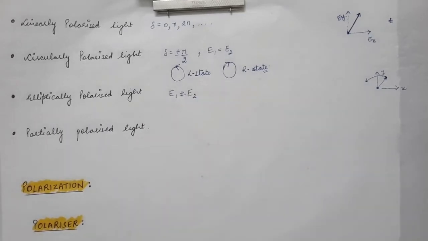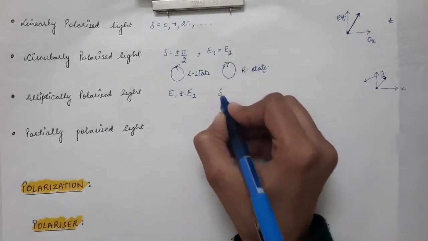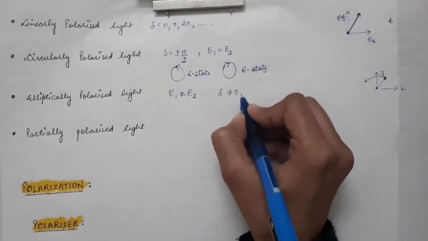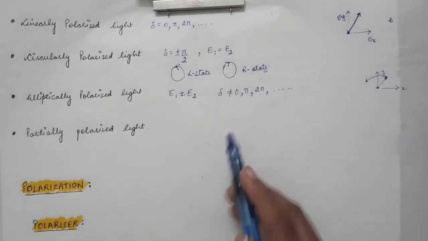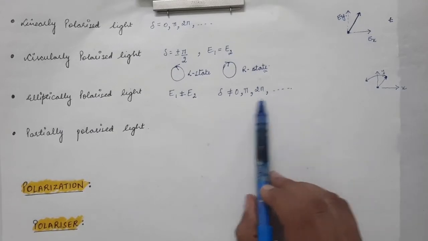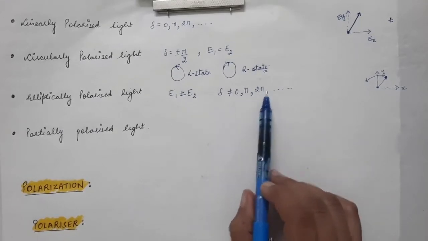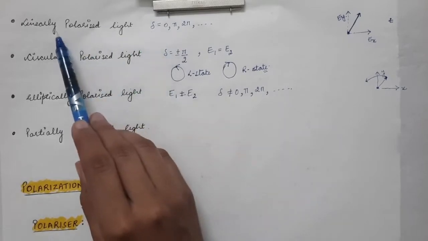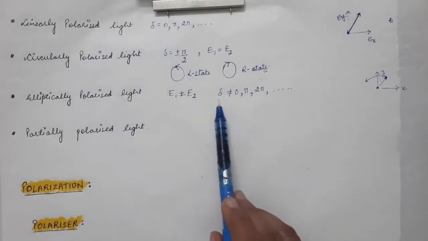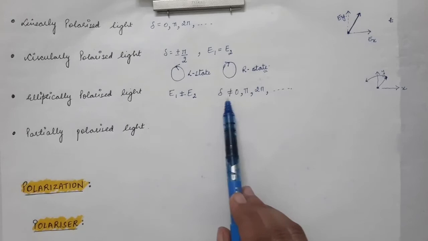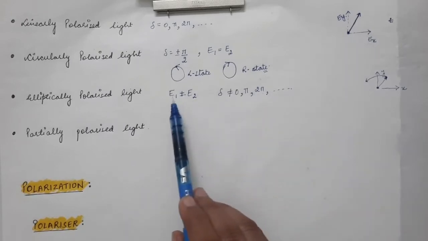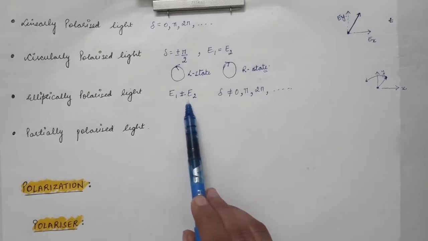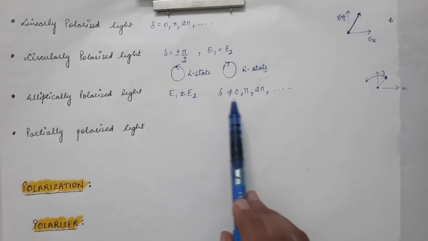If the amplitudes of the two orthogonal electric fields are not equal and the phase difference is not equal to 0, pi, 2 pi, 3 pi, 4 pi, and so on, then... When 0, pi, 2 pi are the values of delta, we get linearly polarized light. Therefore we take the exception that the phase difference is not equal to 0, pi, 2 pi, 3 pi, and so on, and with the condition that E1 is not equal to E2, what happens?